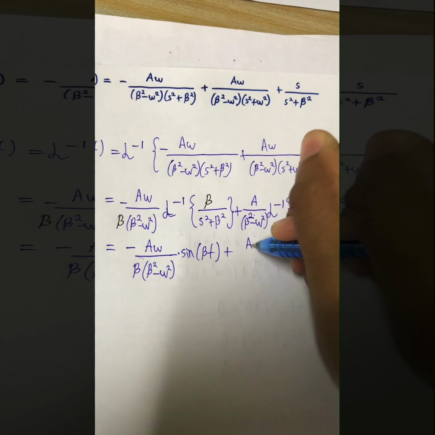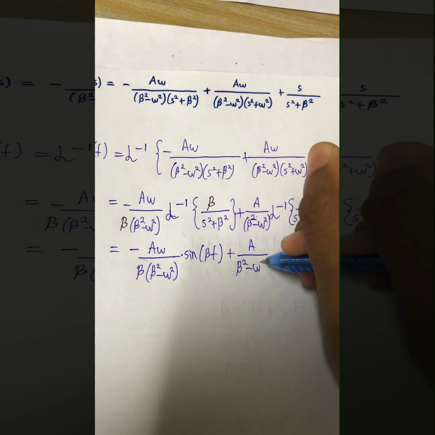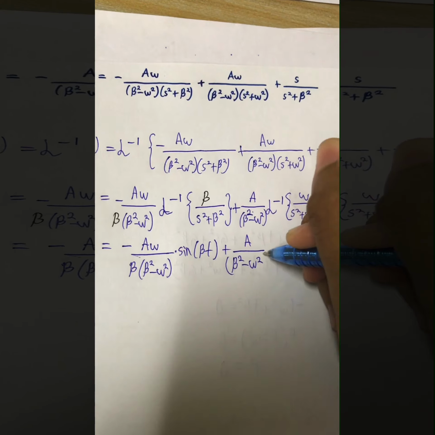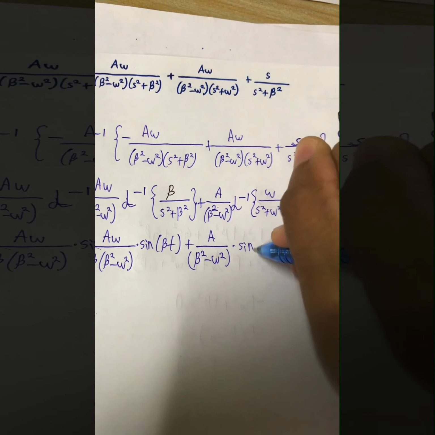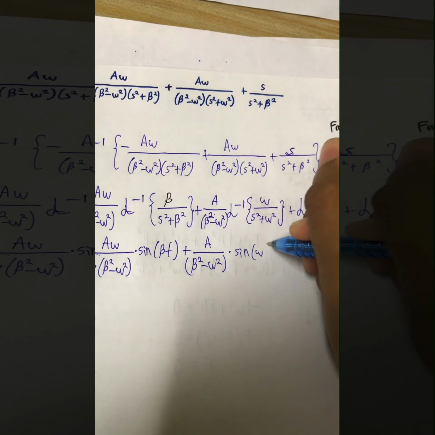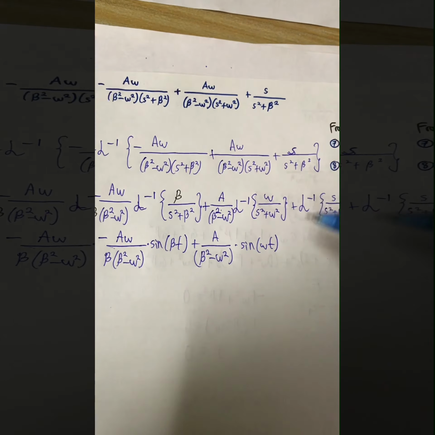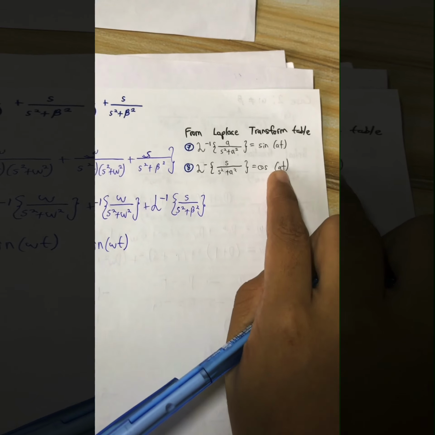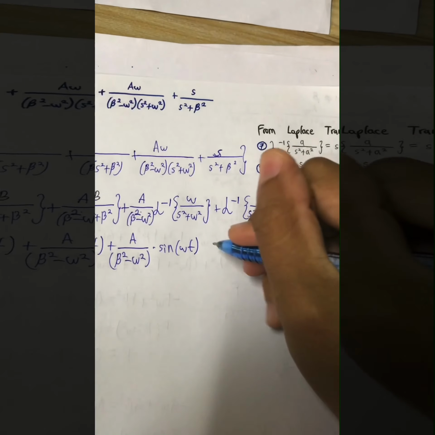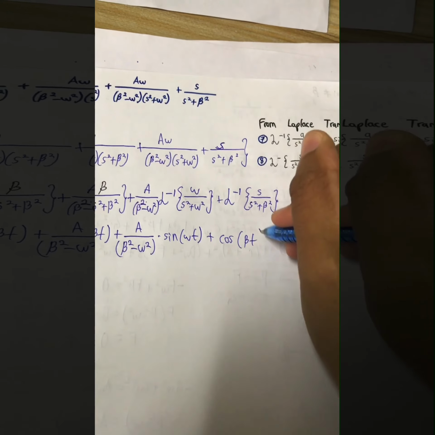Then here we get a over beta square minus omega square, and the inverse gives us sine omega t. Then for this one, our constant is beta, so we get cos beta t.